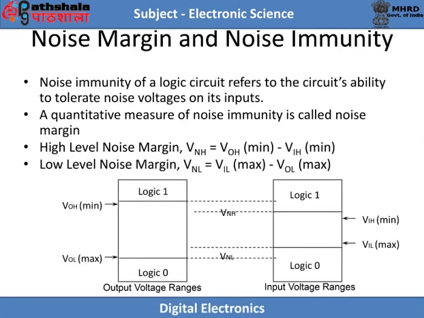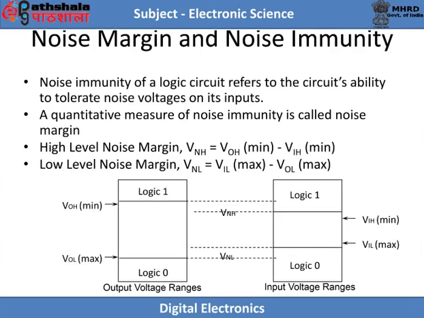Since VIL max is greater than VOL max, the low output state can therefore tolerate a positive voltage spike equal to VIL max minus VOL max and still be a legal low input.